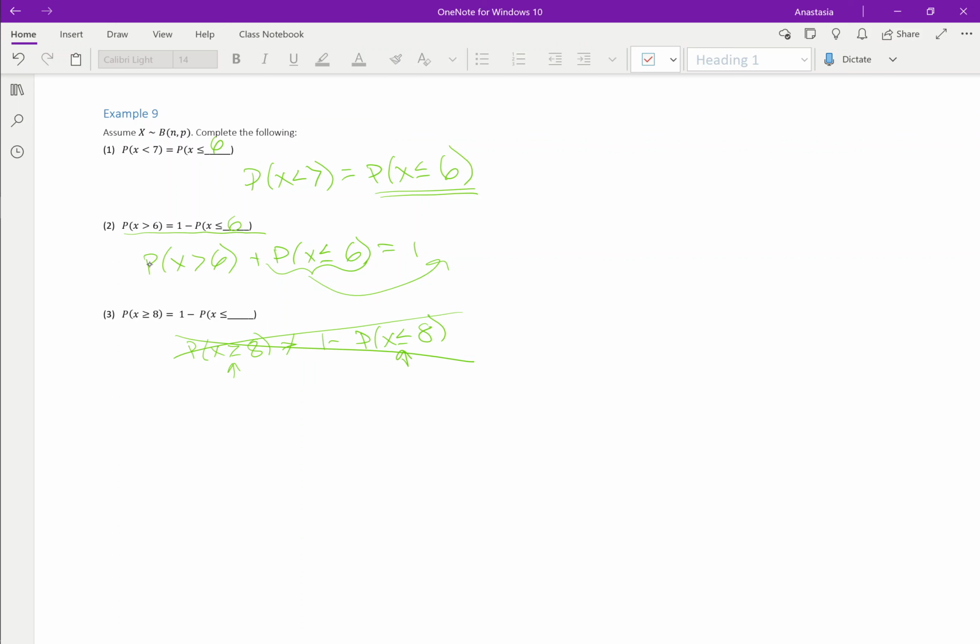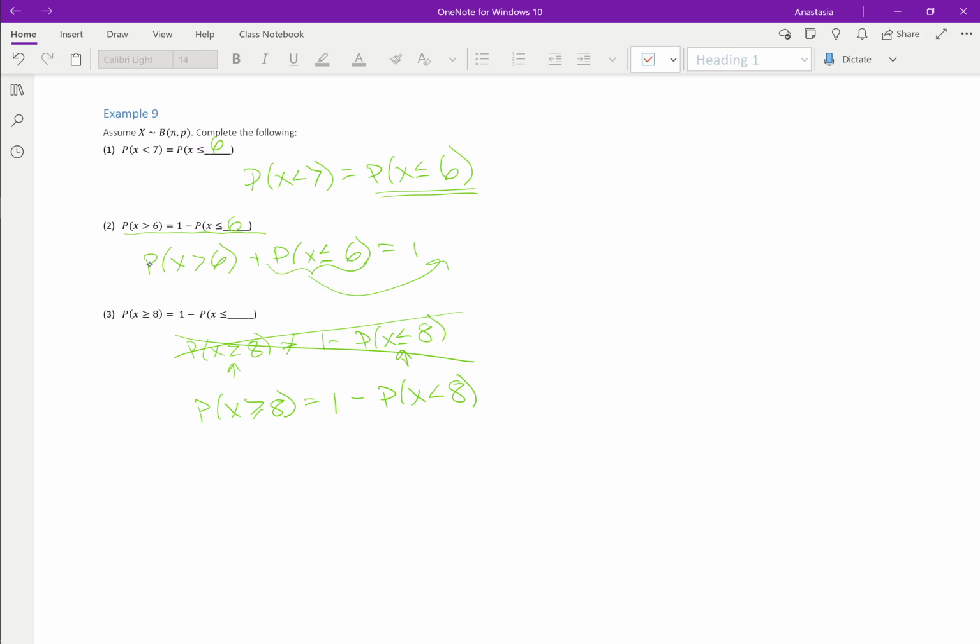But we can make it into a strict inequality. So the probability that X is greater than or equal to 8 is equal to 1 minus the probability that X is strictly less than 8, using a similar reasoning to what we did up here in number 2. But now, remember, for a calculator, we always need these written as less than or equal to.